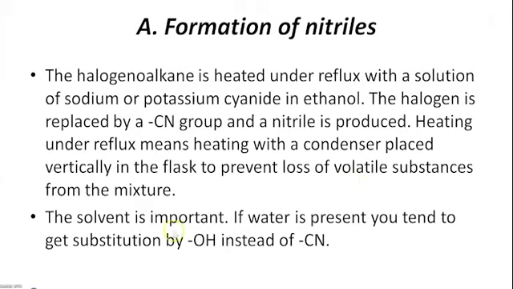Volatile means easily evaporate. The solvent is important. If water is present, you tend to get substitution reaction by OH instead of CN. So be careful, your reagent should be dissolved in ethanol, not in water.